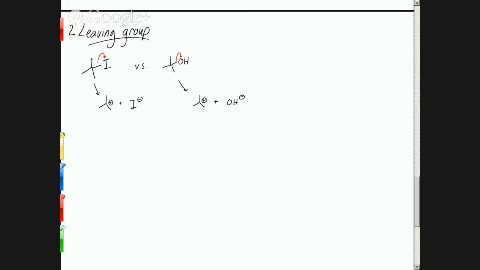Since we've got the same basic substrate, we're forming the same kind of carbocation, it depends on the stability of that anion.